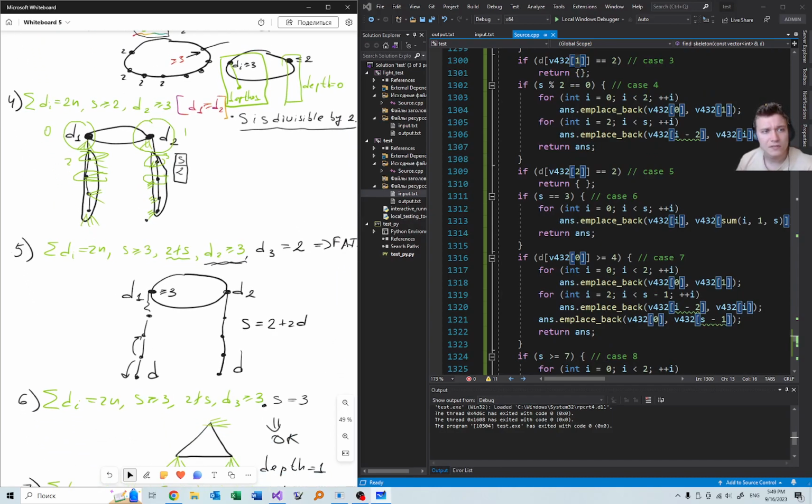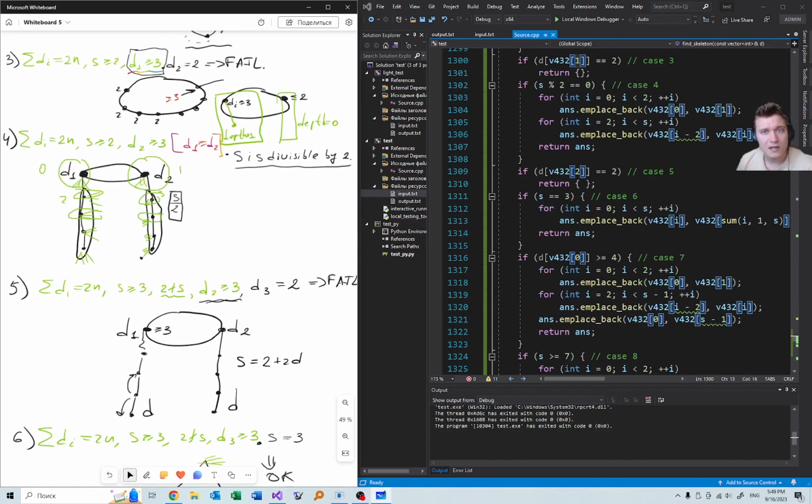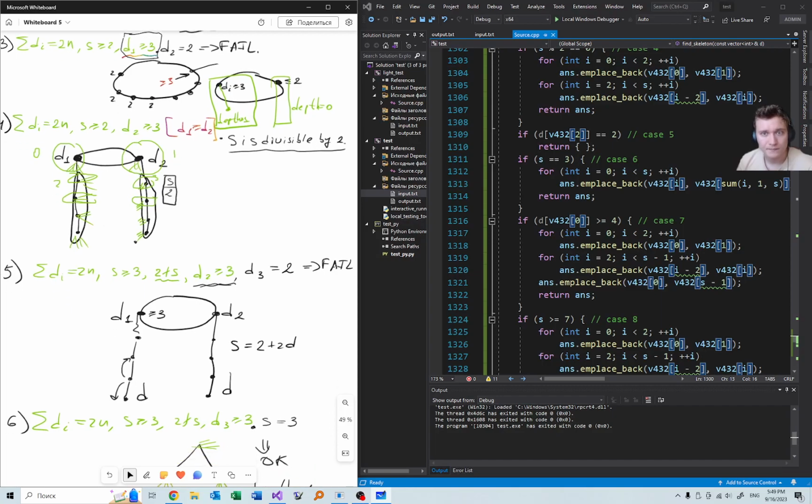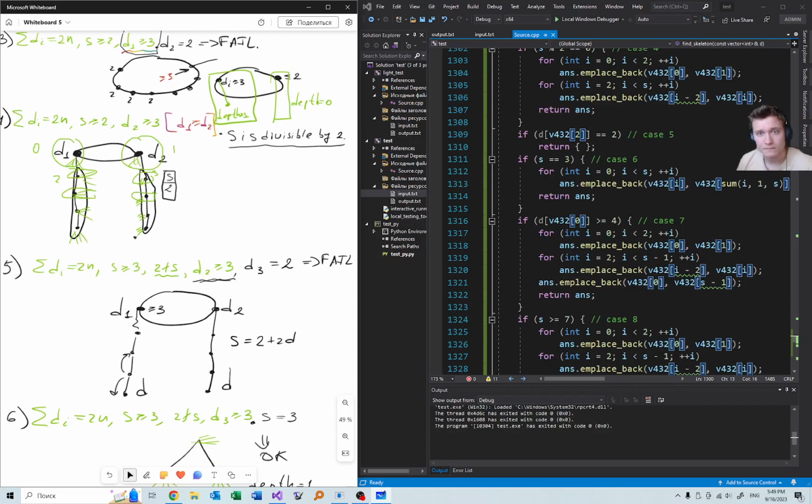Next thing to do is consider s divisible by 2. Okay, we do it. The fifth case is d3 equals 2.